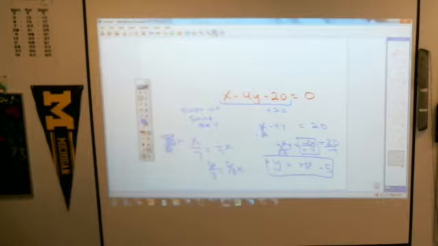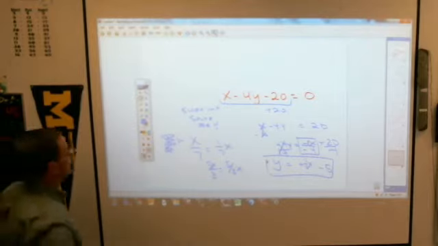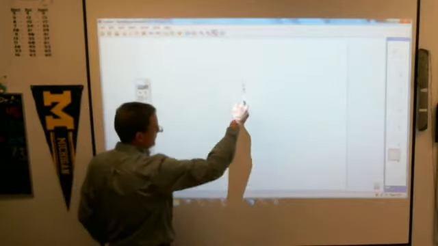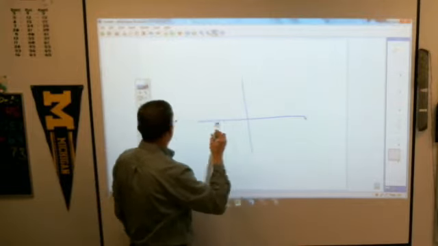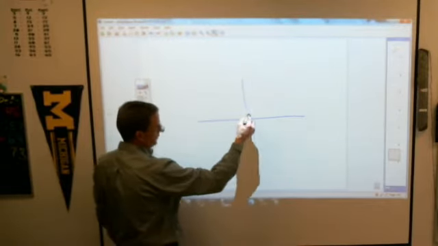This page should have it. And then I guess we have to stop here. You then also need to be able to just look at a line and give its slope-intercept form.